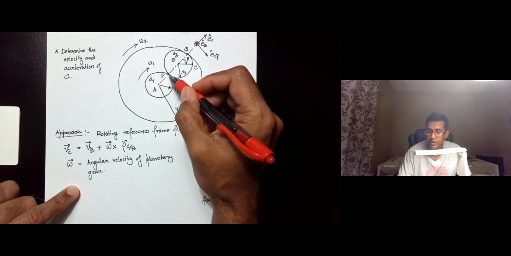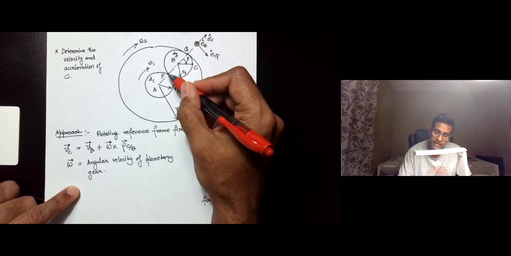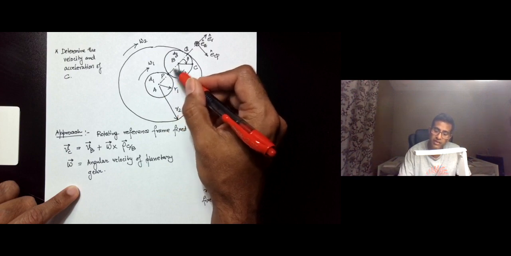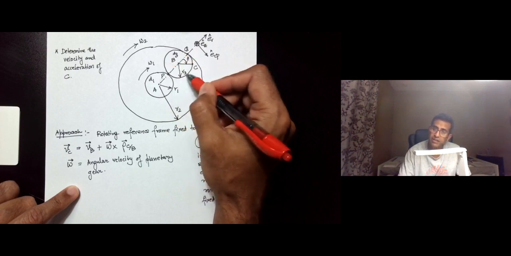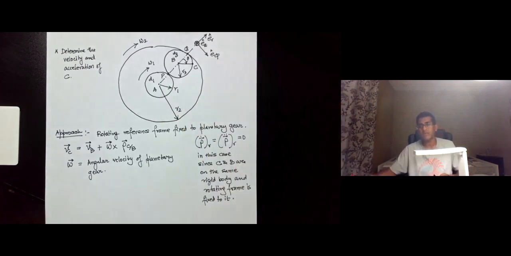In other words, if we can express the velocity of the point P as part of the sun gear, then that velocity will be the same as the velocity of this planetary gear at the point P, because they are rolling without slipping.